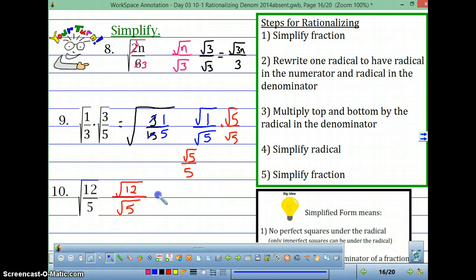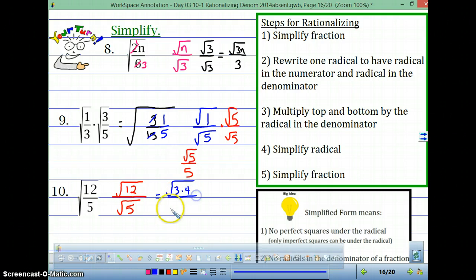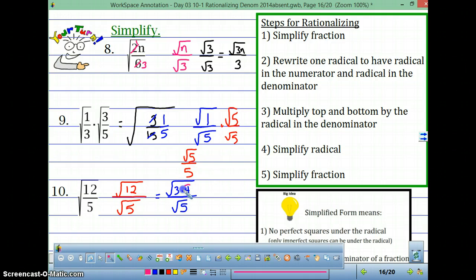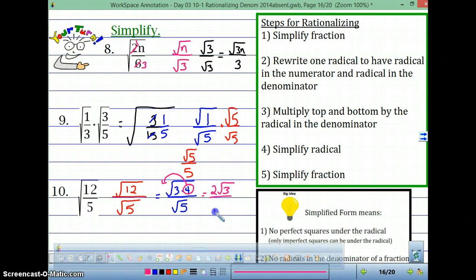Let's watch that. That's going to be 3 times 4 over root 5. And we see a perfect square in there, this one. So we take the square root of that perfect square on the outside. We end up with 2 root 3 over root 5.